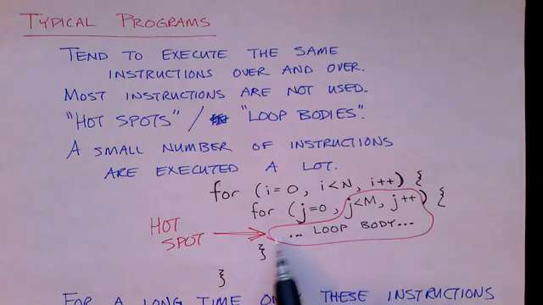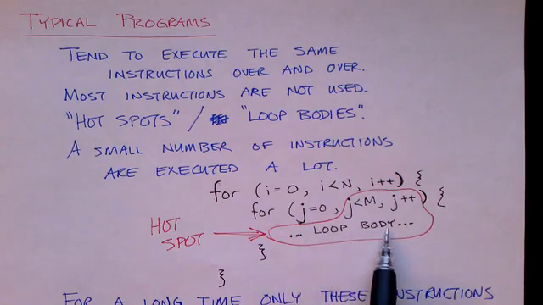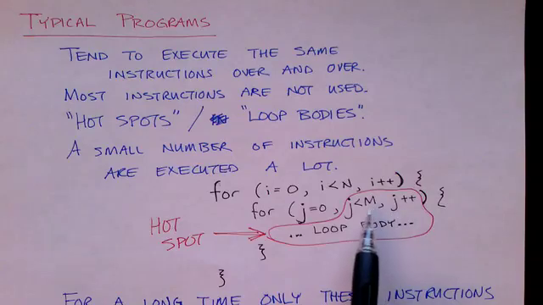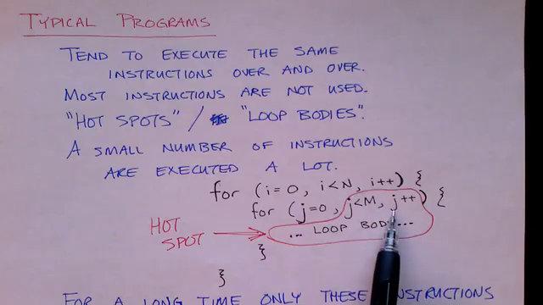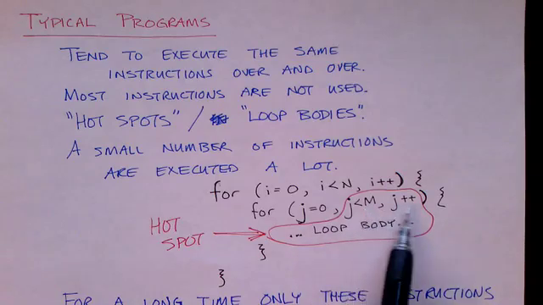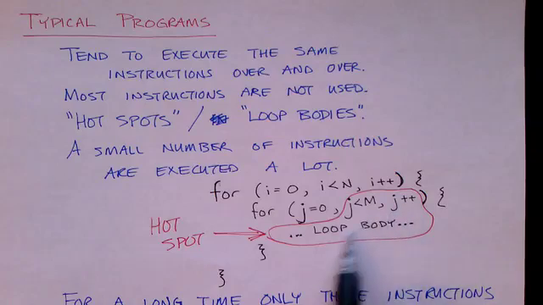So most of the time this program is executing the statements that are part of the loop body. And if you're a C programmer, you are familiar with this notation here. The loop test, the test for loop termination, and the increment of some loop index, those are also part of the loop body because those tests and those increments have to be executed each time the loop executes.